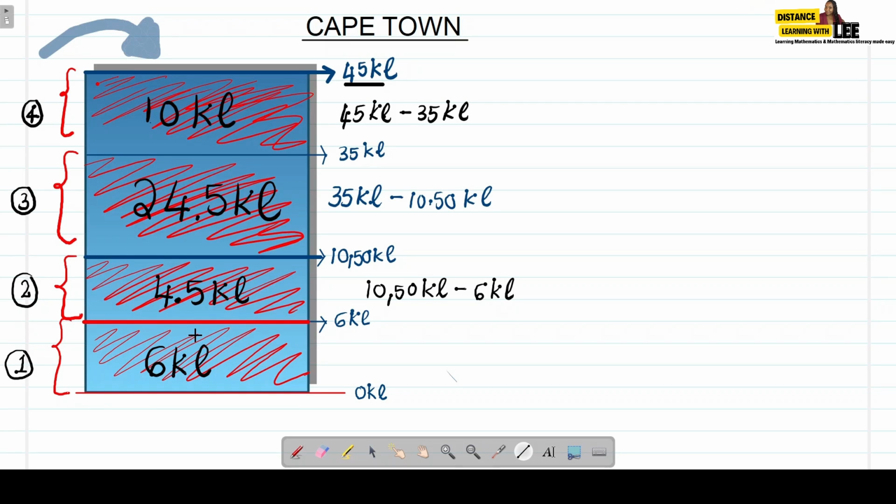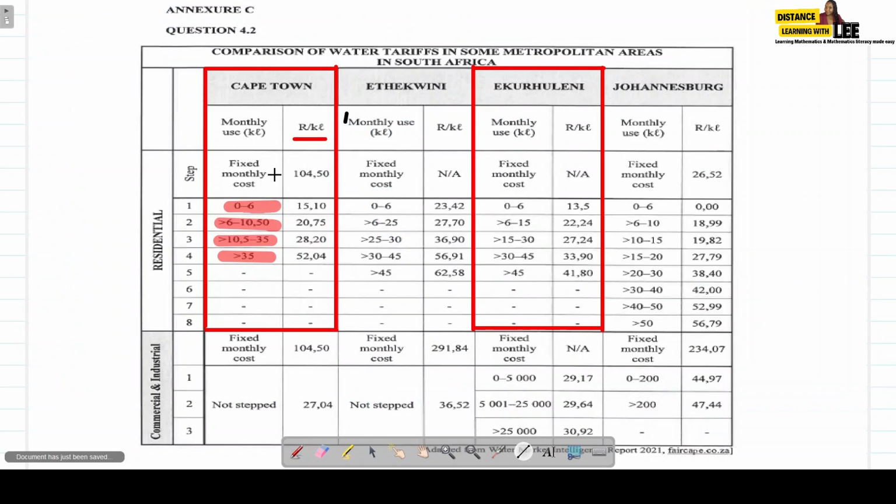So now we are going to use these values that we've calculated in these different regions to get how much John needs to pay towards his water bill. So what do we first need to do? To get the total amount of money that John needs to pay for his water bill, we're going to first take the fixed cost of 104 Rand and 50 cents, because he pays that amount every month.